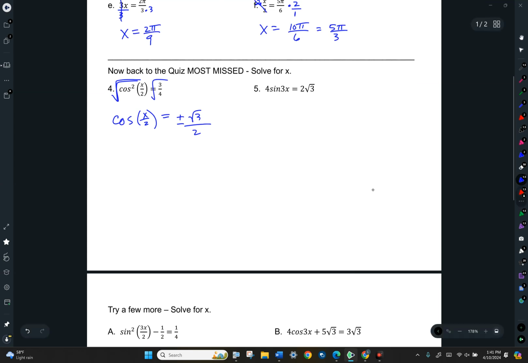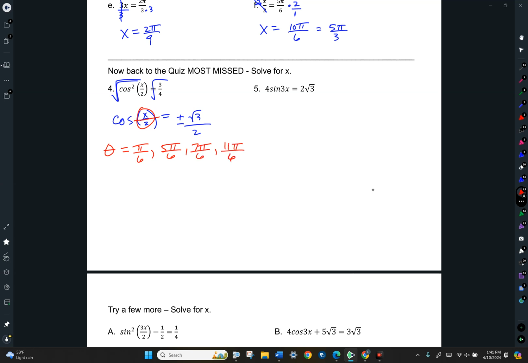So that means the angle, this whole thing is my big old theta, the angle has to be, well, cosine equals root 3 over 2 at the pi over 6 angles, and since it's plus or minus, I want all 4 quadrants, so pi over 6, 5 pi over 6, 7 pi over 6, and 11 pi over 6.